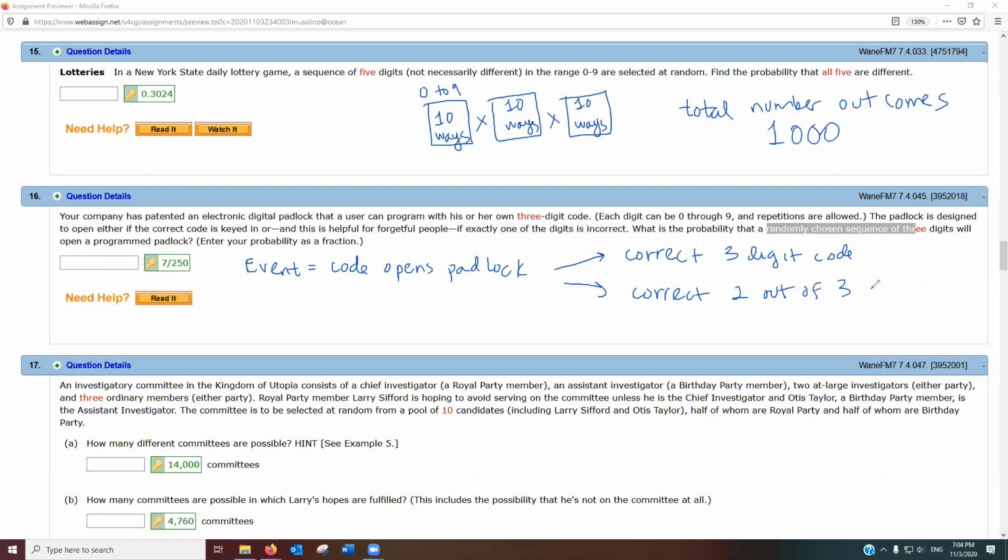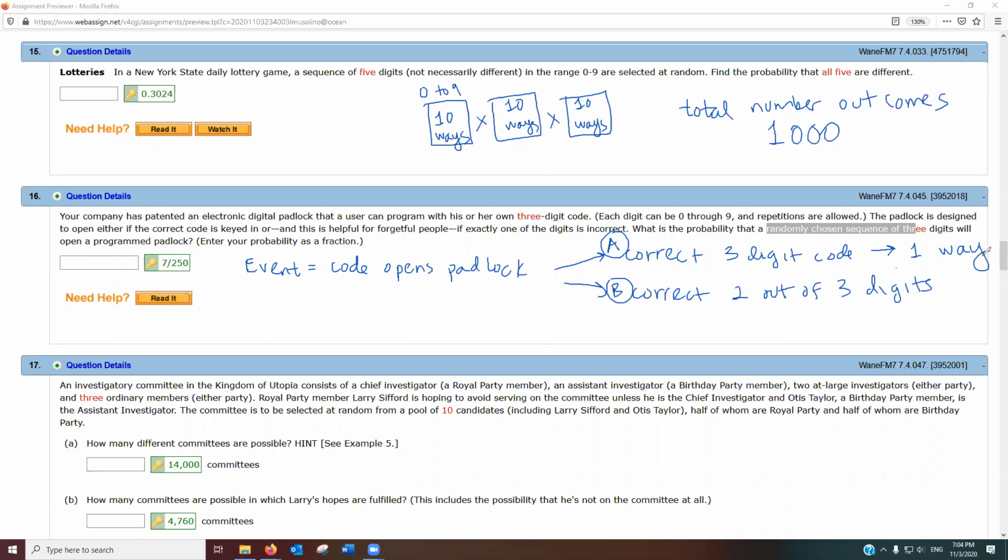Either one of these will open up the padlock. Let me call this scenario A, and I'll call this scenario B. What's the probability of getting the correct 3-digit code? Well, there's only one way for that to happen. You'd have to get the exact correct 3-digit code. There's only one of those. So there's one way for that to happen.